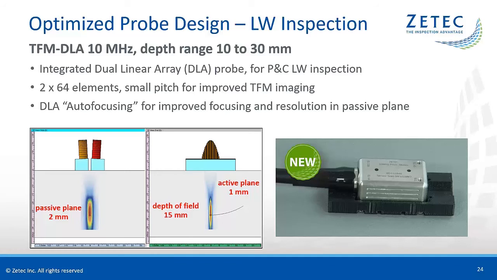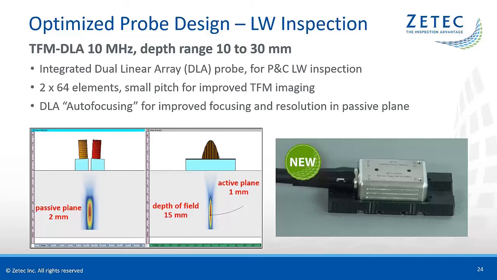Again, the objective of the design is to obtain better focusing and improved lateral resolution in the passive direction. But in this case, the autofocusing behavior of the transmit-receive configuration is used to meet the objective. The acoustic beam simulation shows a focal spot size of 1 by 2 millimeters.